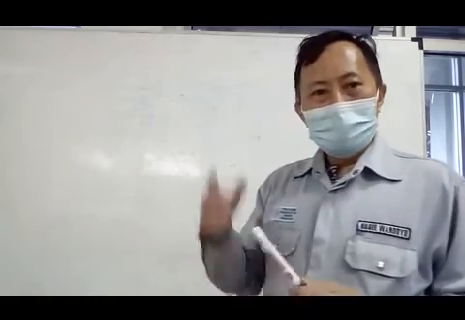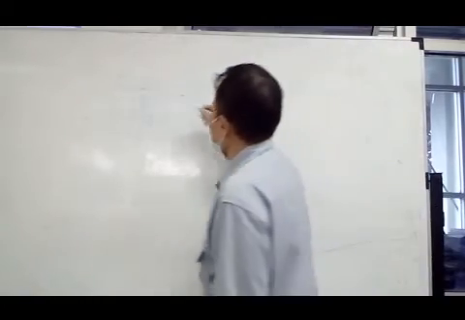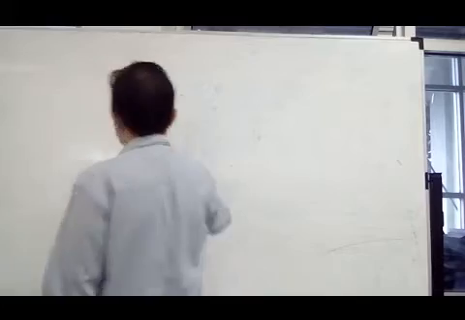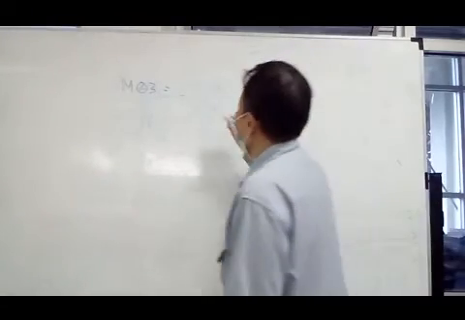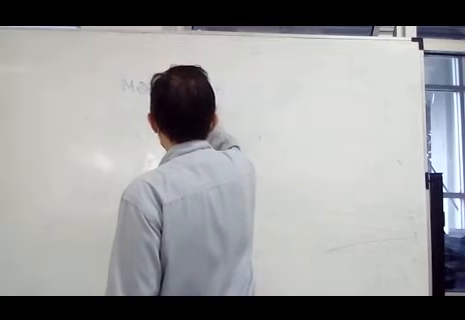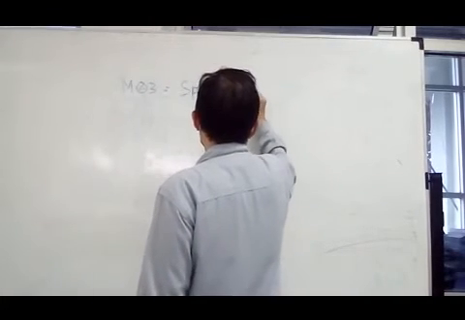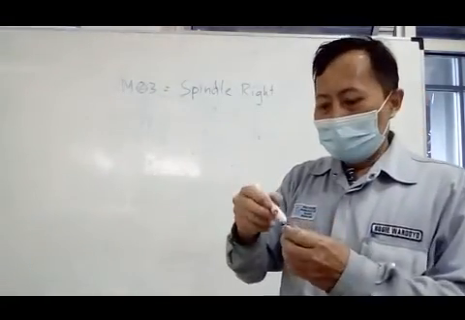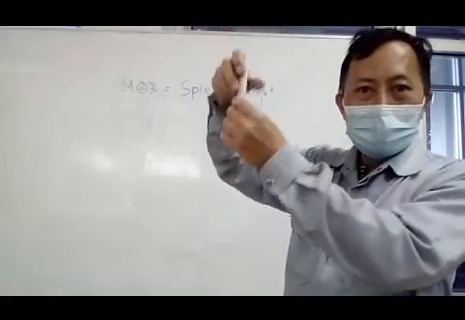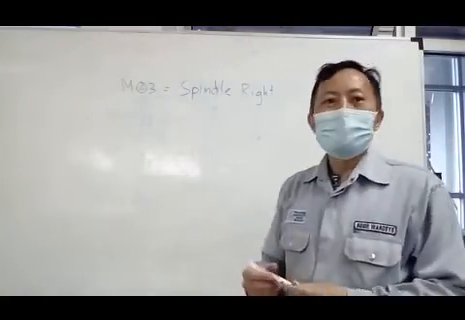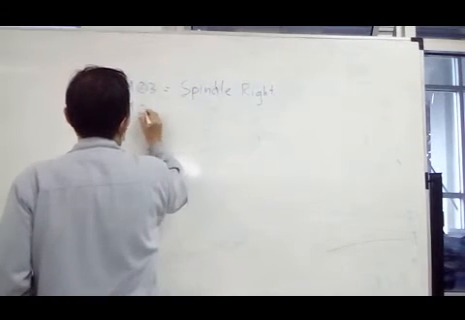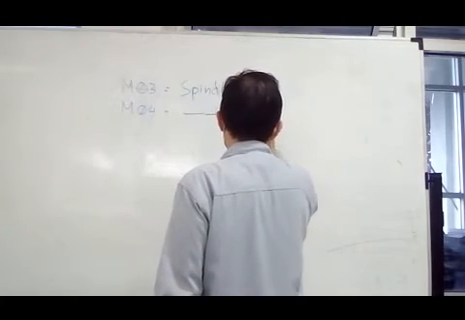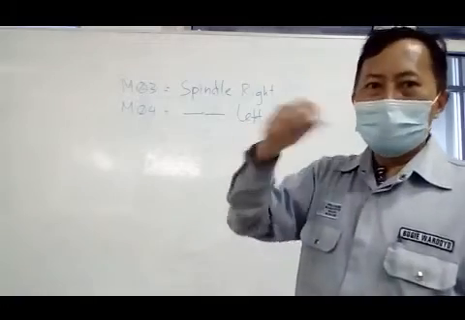Now we study about M-codes. For example, M03 means the spindle turns to the right direction. M04, the spindle goes to the left.